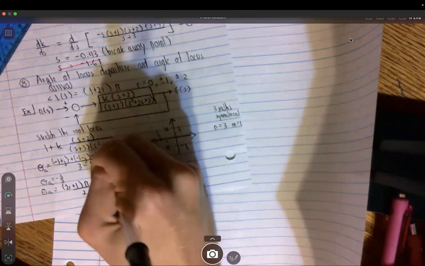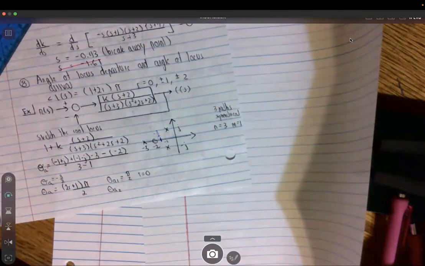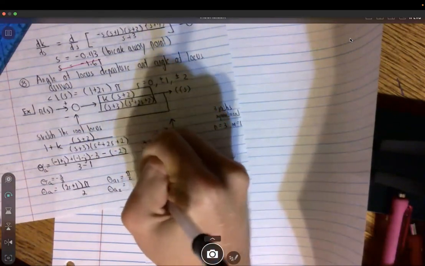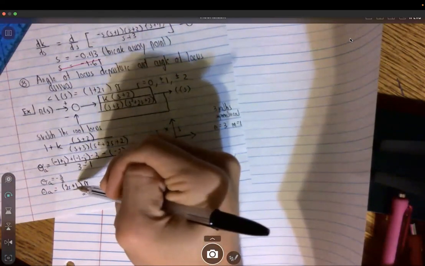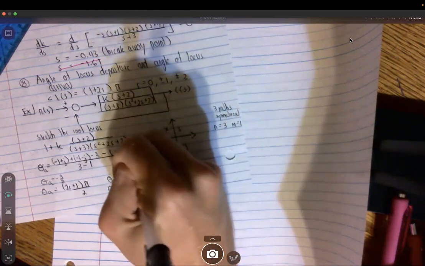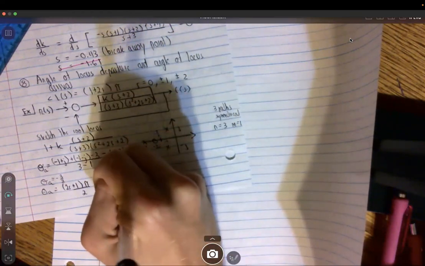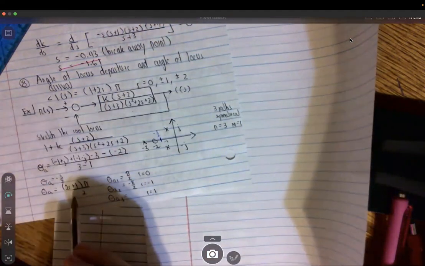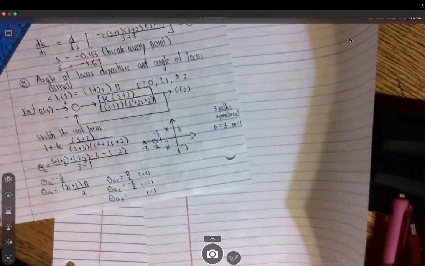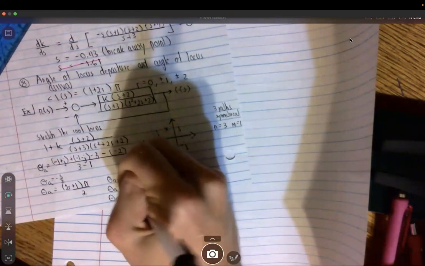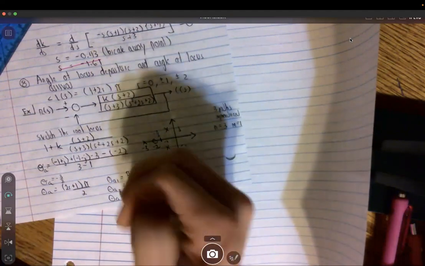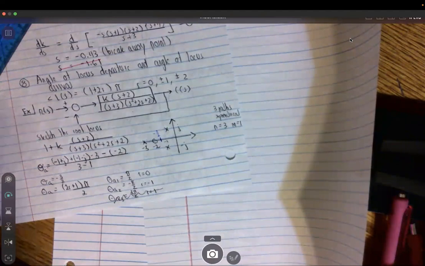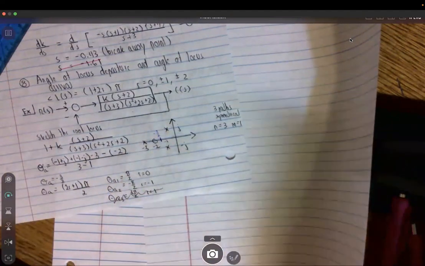Your theta A2, when r is equal to -1, would be -2 plus 1, so negative pi over 2. And your theta A3, when r is equal to 1, you have 2 plus 1, which is 3 pi over 2. Notice that this 3 pi over 2 is a repetition of pi over 2, so we can ignore it because it repeats every 2 pi. So these are the two angles of our asymptote.